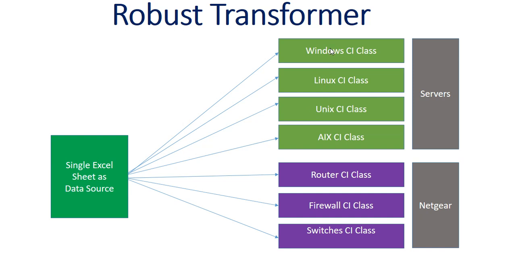So we are going to see 7 different classes and no CIs inside them. On the other hand, here we have one single Excel file with all of these 7 classes, and for each class we are going to have 3 CIs.